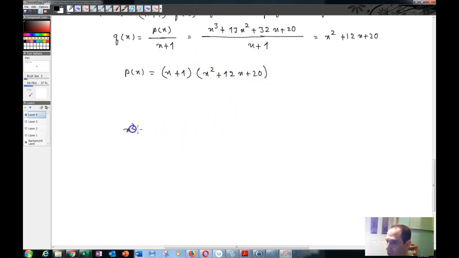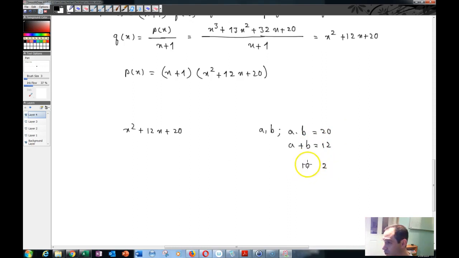So you have x squared plus 12x plus 20. We are looking for two numbers a and b such that a times b is equal to 20 and a plus b is equal to 12. So that's 10 and 2.